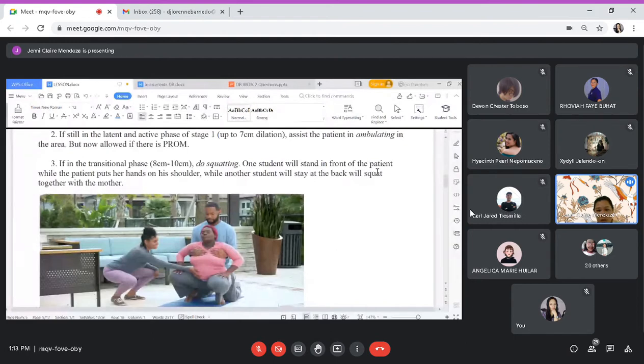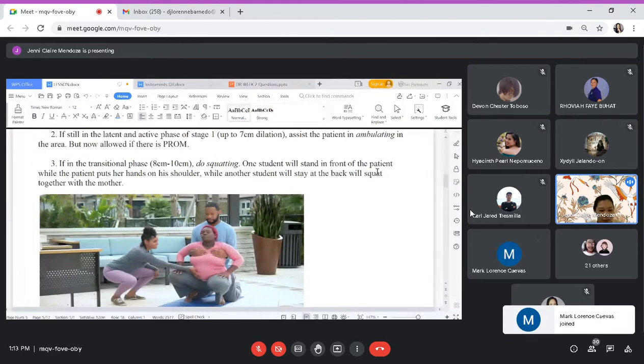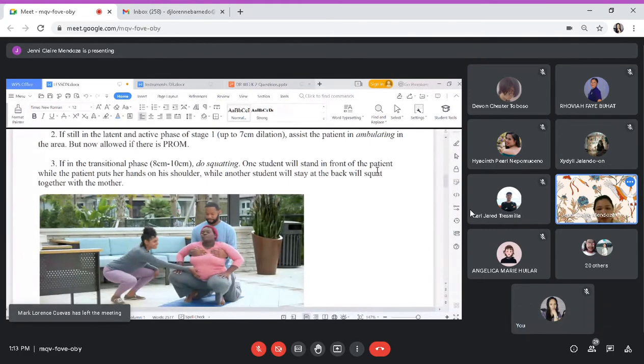But in Corazon Loxin, once we admit a patient in the labor room, they're not supposed to get down from their bed. So they have to be in their bed, not even going to the toilet. Okay, so what we do is we give them a bedpan. Okay, but in BAMC, we allow them to go to the toilet, provided they're still in active or latent phase. Okay.